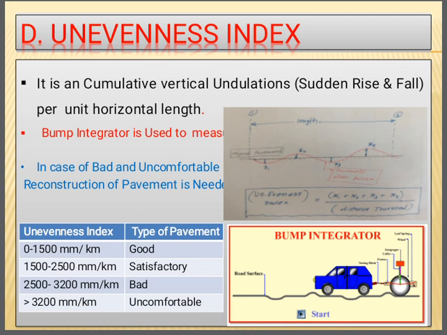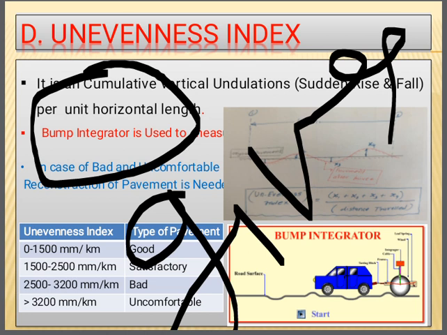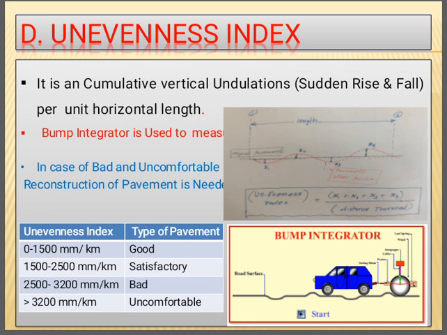Suppose this equipment, the integrator, gives a reading between 0 to 1500 mm per kilometer, then that pavement is called a good pavement.